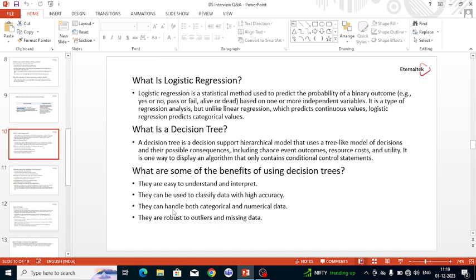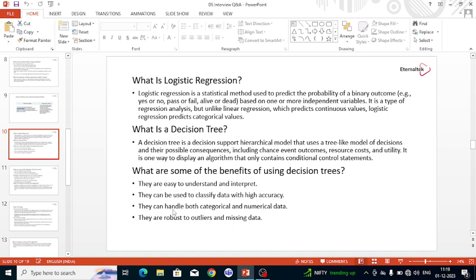It is one way to display an algorithm that only contains conditional control statements, with a tree-like structure of parent nodes, branches, and so on.